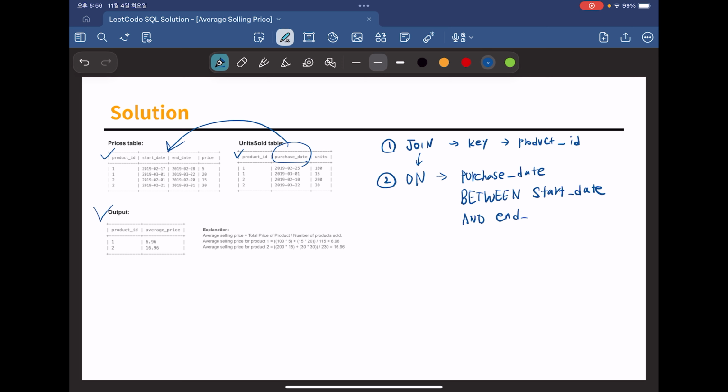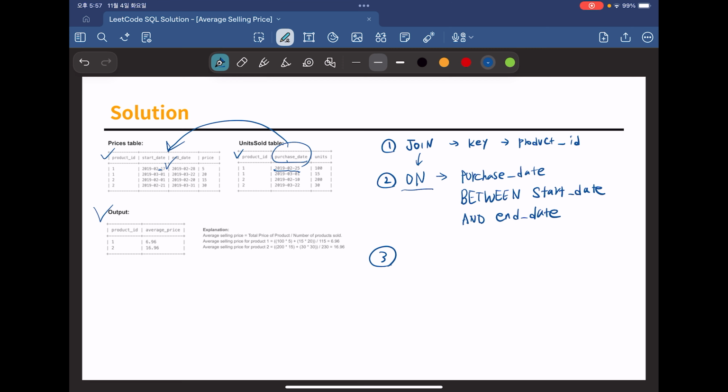So it will be matching like this. For example, a purchase date of 2019 February 25 will be included in this row. So we're going to connect it like this.